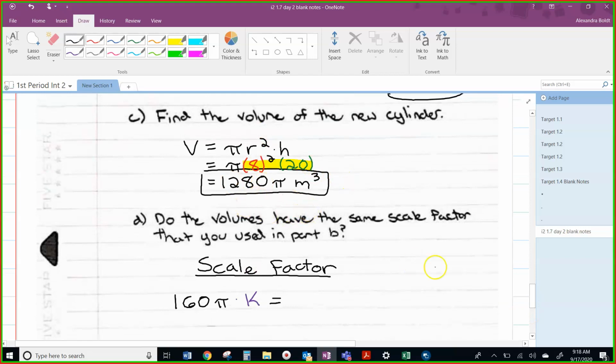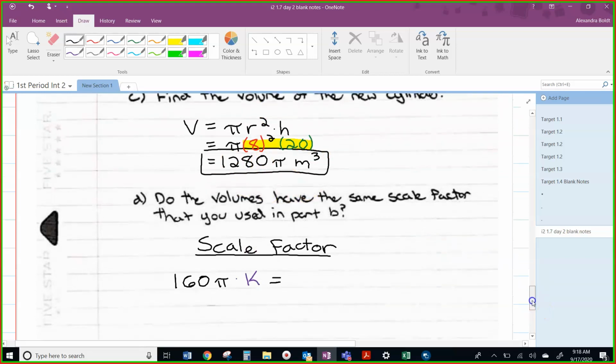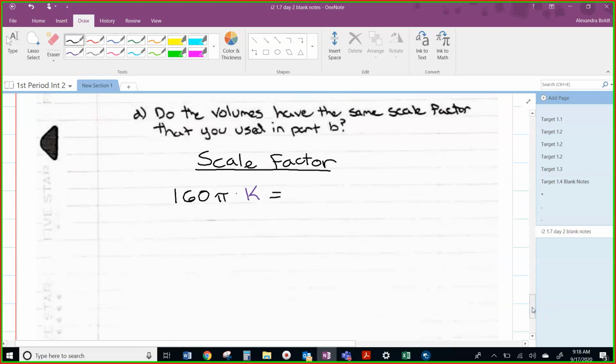And our new volume is 1,280 pi. So I'm going to solve for k by dividing by 160 pi.